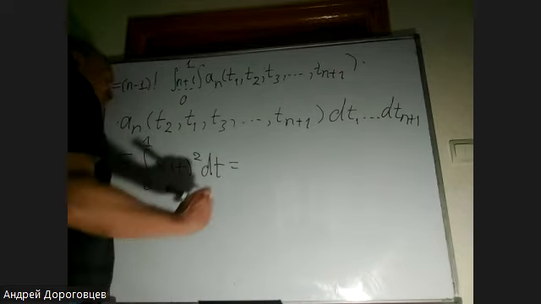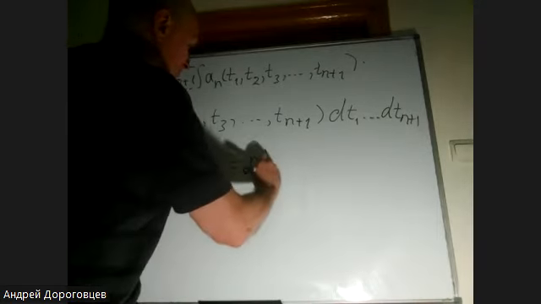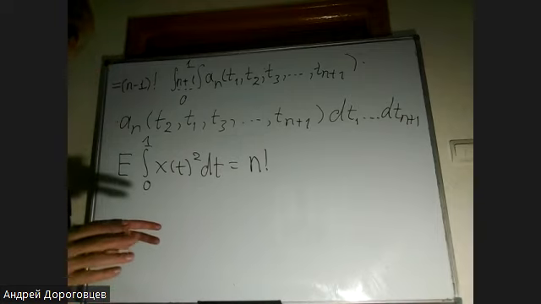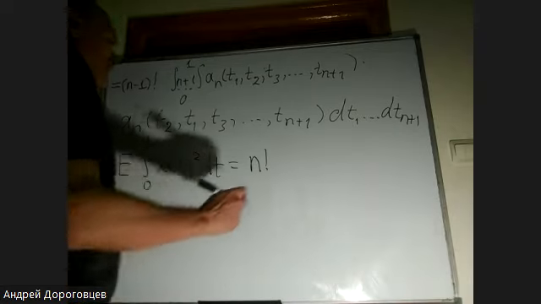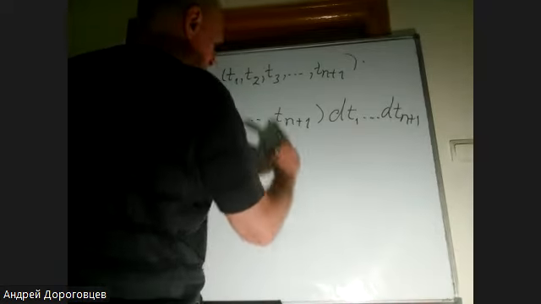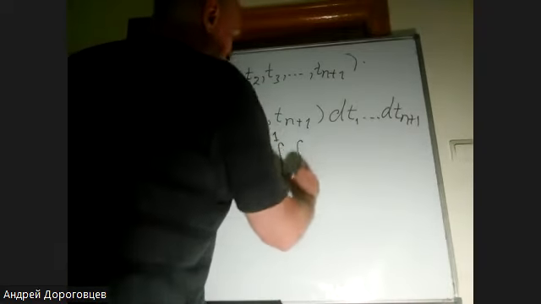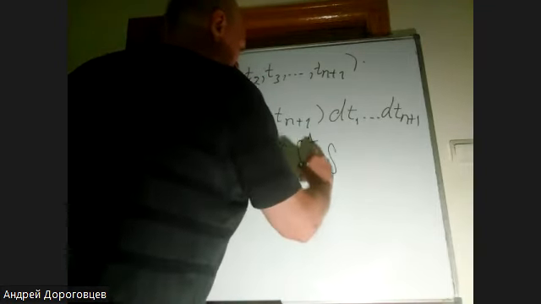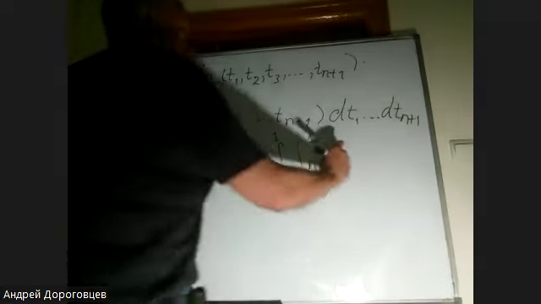Then it is equal to n factorial, because x_t is just an n-multiple linear integral. Then here is the integral from 0 to 1 because of this integral, then the multiple integral from 0 to 1 of multiplicity n, because the kernel has this multiplicity.